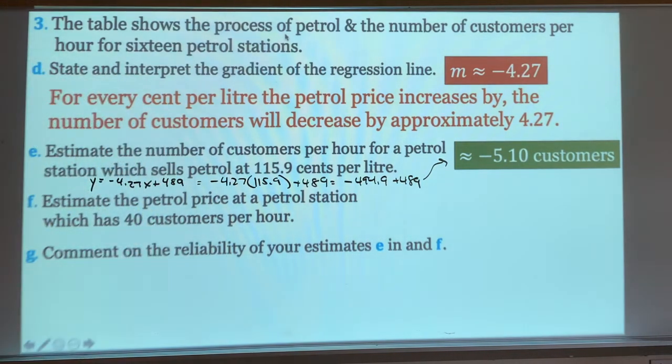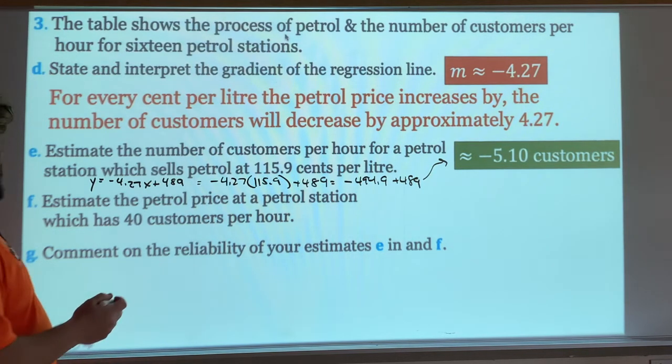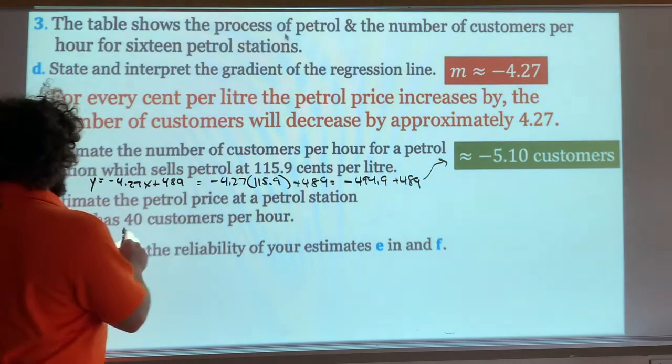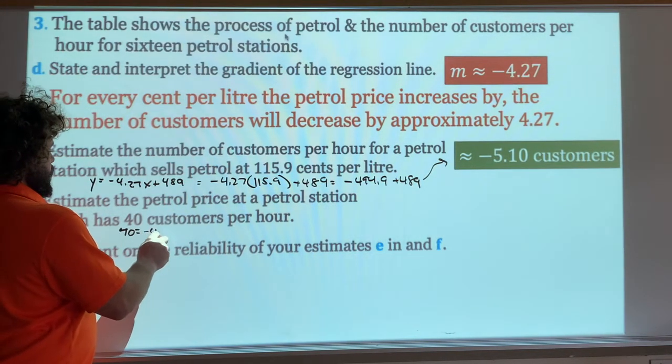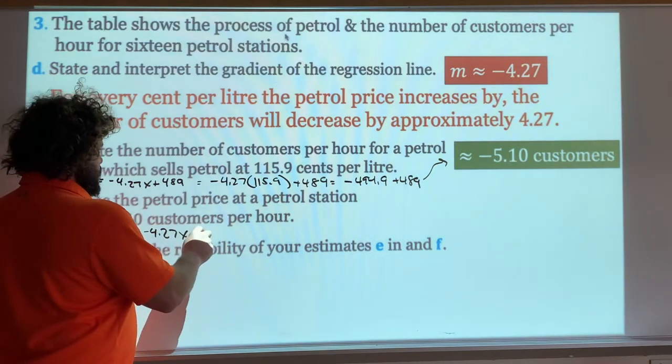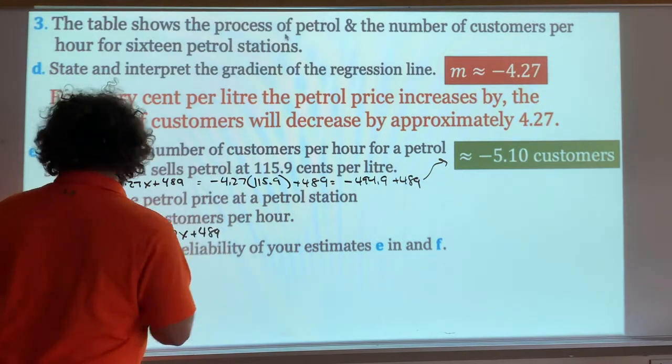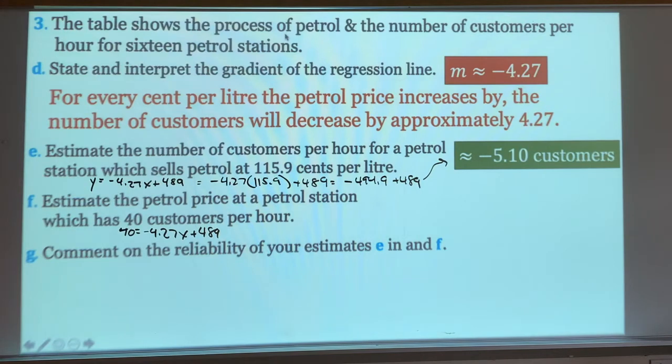Estimate the price of petrol at a petrol station which has 40 customers per hour. So now you're doing the customers. In this case, you're doing 40 equals negative 4.27x plus 489, and you're solving it that way.